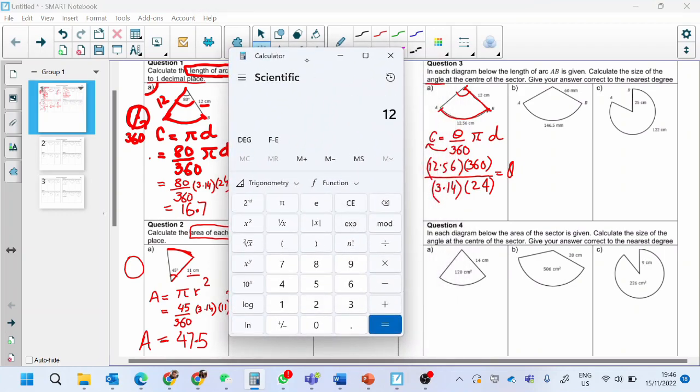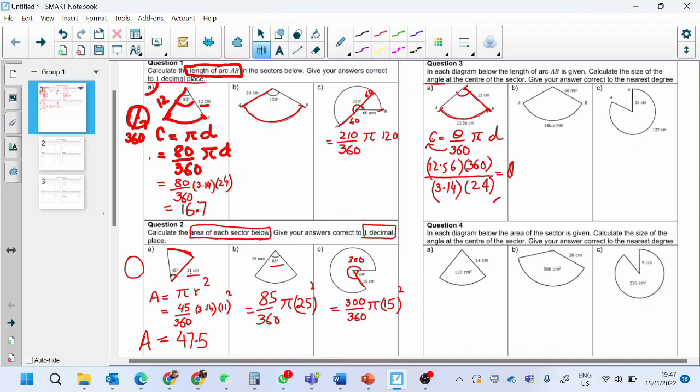Okay, so 12.56 times 360, and this gives us this one, and then we divide this answer by 3.14, gives us this answer, and then we again divide it by 24, which gives us 60. So the angle here is 60 degrees.